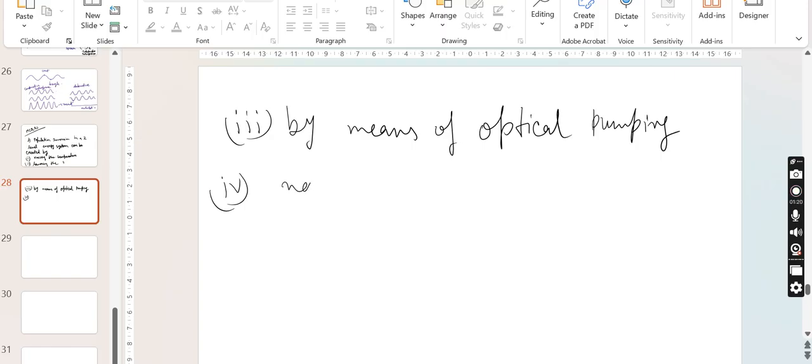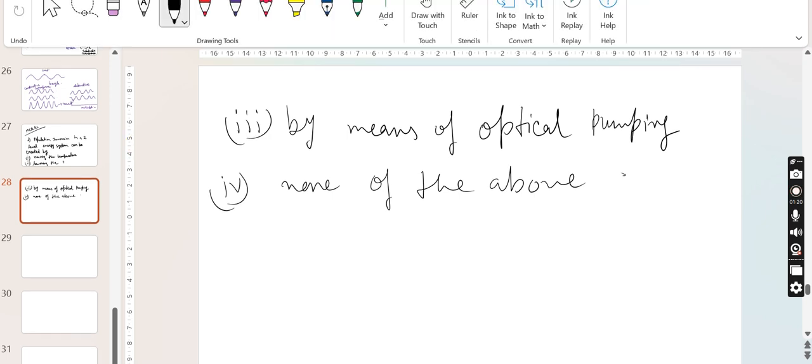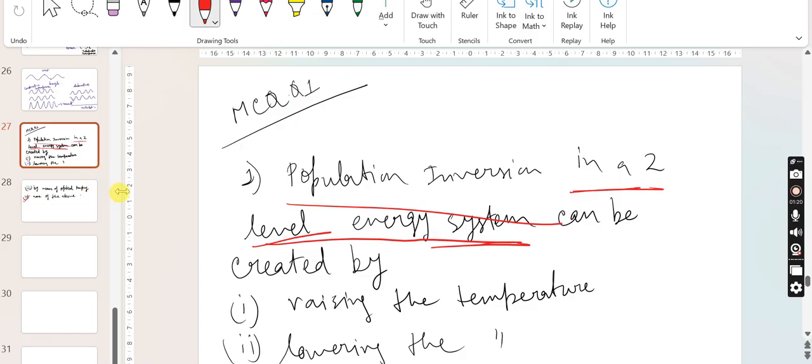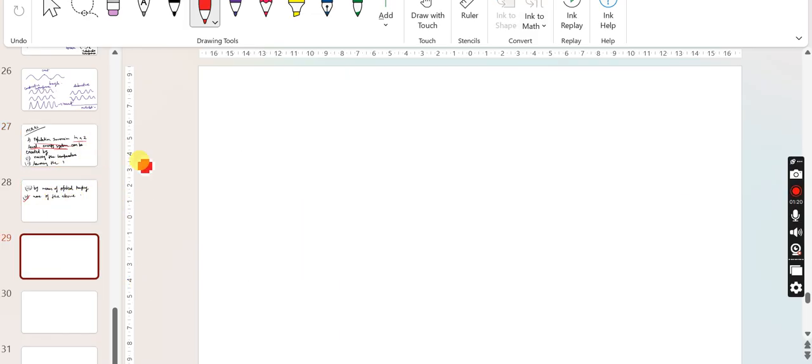Option 4 is none of the above. It would be none of the above because we cannot achieve population inversion in a two-level energy system. If it were a three-level system and all those things, then optical pumping would be the answer.